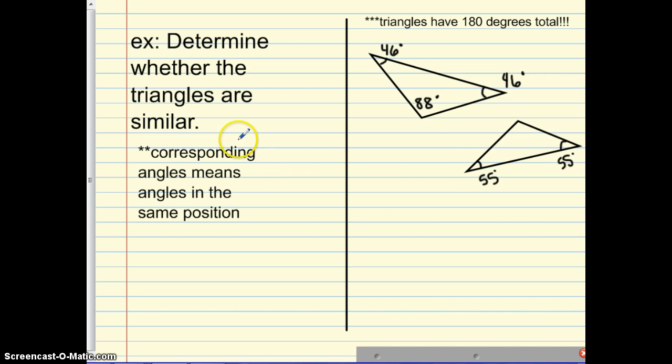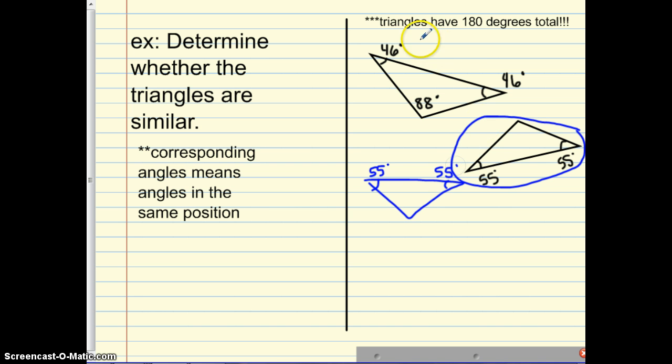Okay. Another way we can tell is by looking at the angles. And again, we have that situation where this triangle is tilted, so you'll need to flip it around in your head. And we'll have our one arc. But you'll have your 55-degree angle and your 55-degree angle.